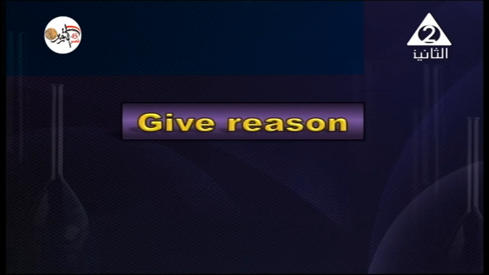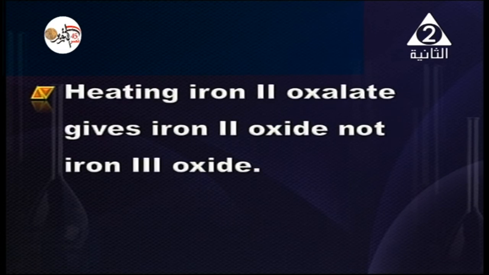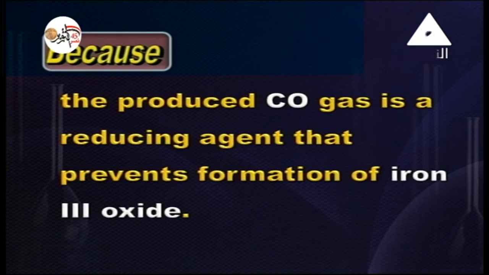And so we have give reason in this point. Heating iron 2 oxalate gives iron 2 oxide, not iron 3 oxide. The reason for that is the produced carbon monoxide gas is a reducing agent that prevents the formation of iron 3 oxide.